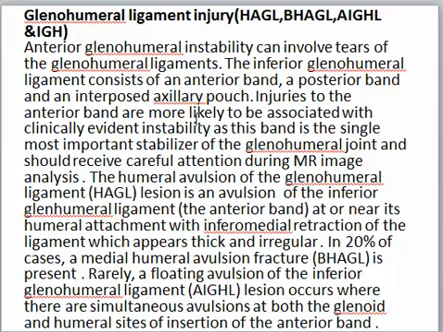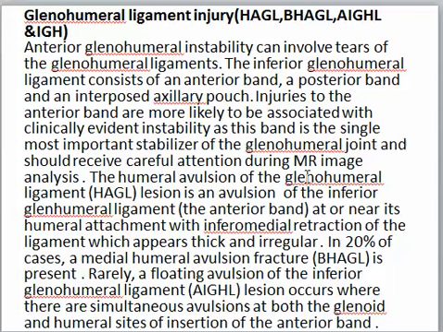The inferior glenohumeral ligament consists of an anterior band, a posterior band, and an interposed axillary pouch. So injuries to the anterior band are more likely to be associated with clinically evident instability, because once there is dislocation or subluxation anteriorly, the most important stabilizer, the anterior band, will be injured.